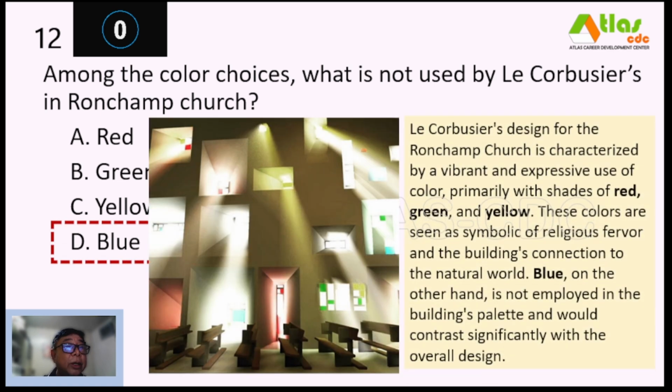So Le Corbusier's design for the Ronchamp chairs is characterized by a vibrant, expressive use of color, primarily with shades of red, green, and yellow. These colors are seen as symbolic of religious fervor and the building's connection to the natural world. Blue, on the other hand, is not employed in the building's palette and would contrast significantly with the overall design.